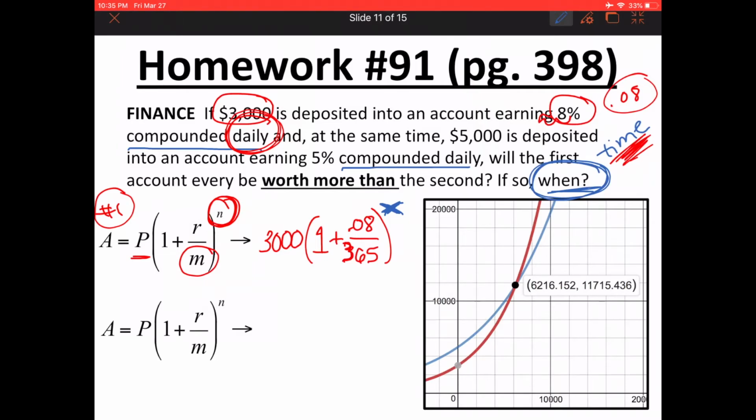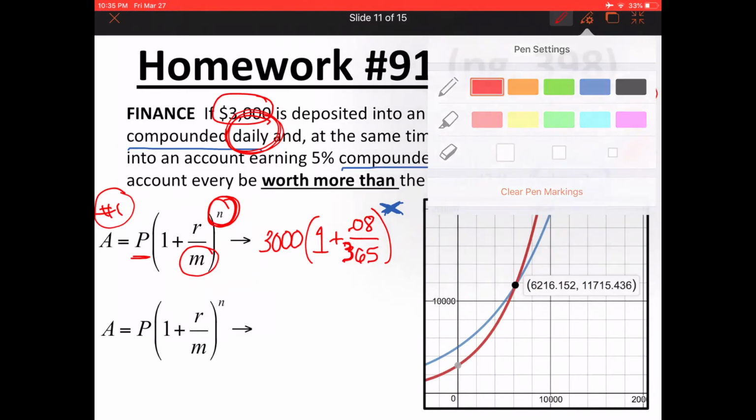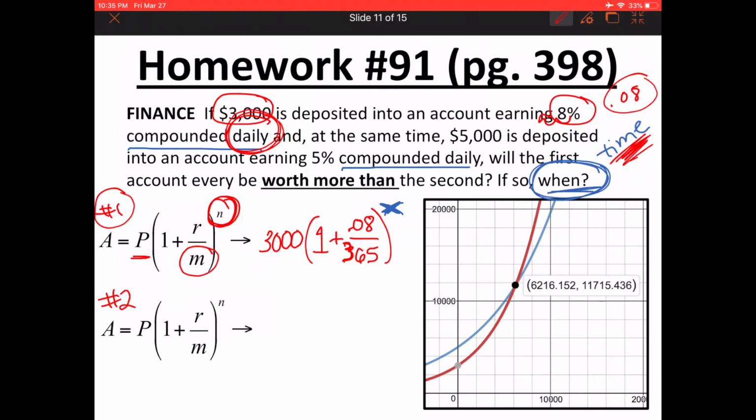Now let's go to my second situation. For my second scenario, my principal is going to be 5,000 because now I'm starting with $5,000 in the second scenario. I'm going to have 1 plus, my rate is 5%, so turn that into a decimal by moving the decimal place over twice, and I get 0.05.